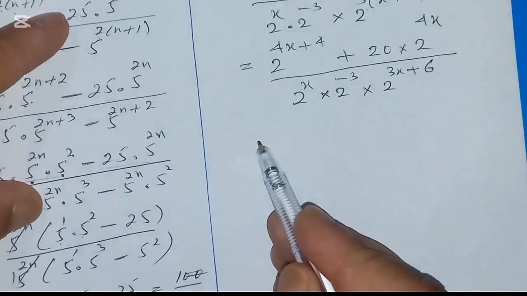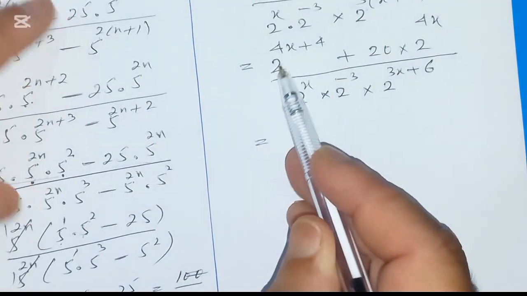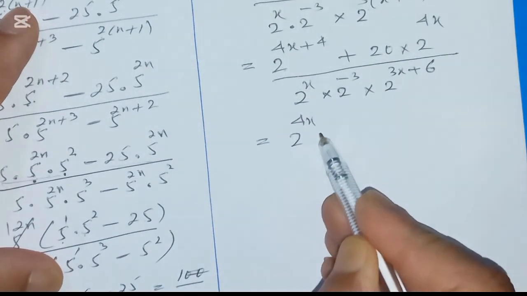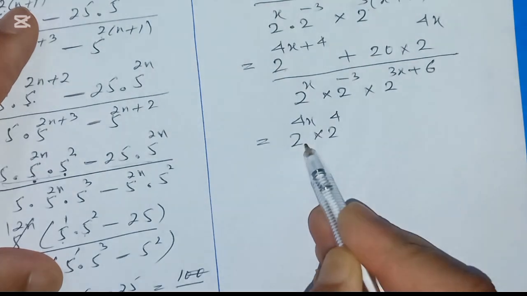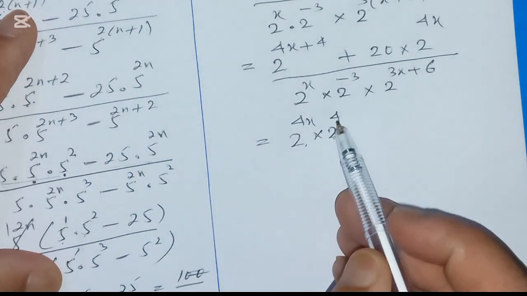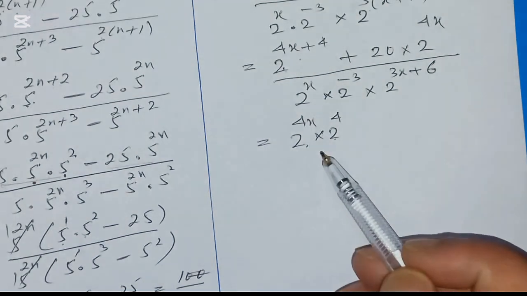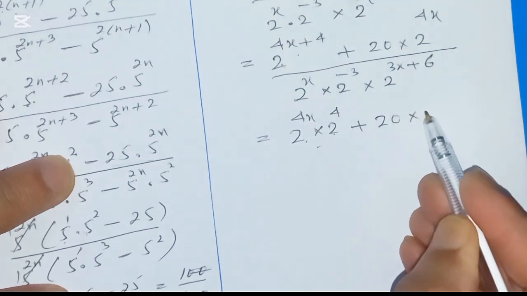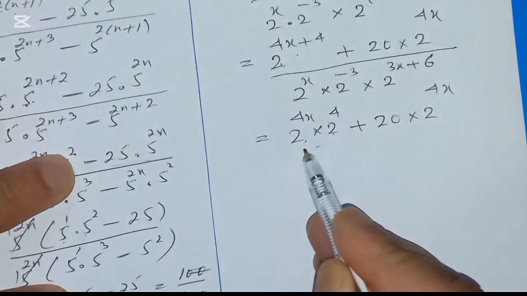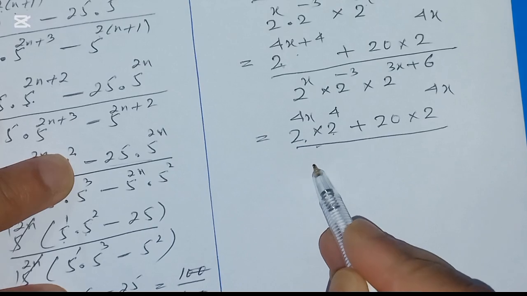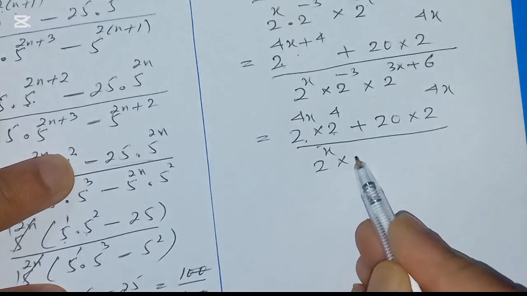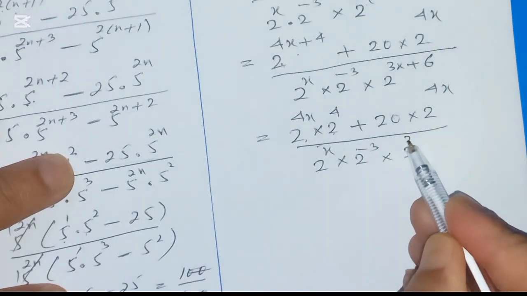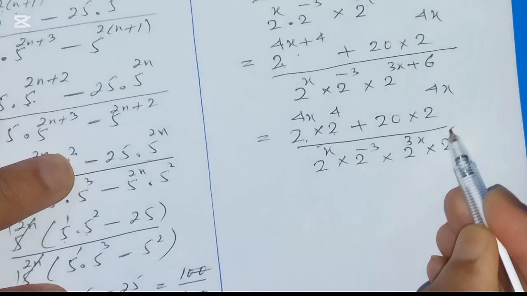Now we can write 2 power 4x plus 4 as 2 power 4x multiply 2 power 4. Their bases are the same, so the powers are added, and once again it can be written in this form, plus 20 multiply 2 power 4x. In the denominator this is 2 power x multiply 2 power minus 3 multiply 2 power 3x multiply 2 power 6.